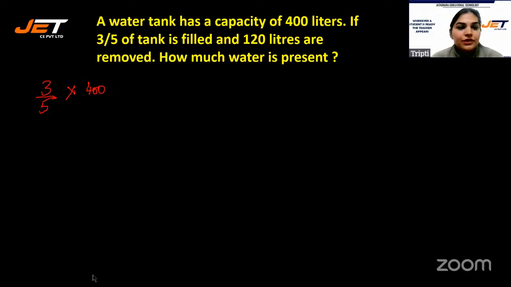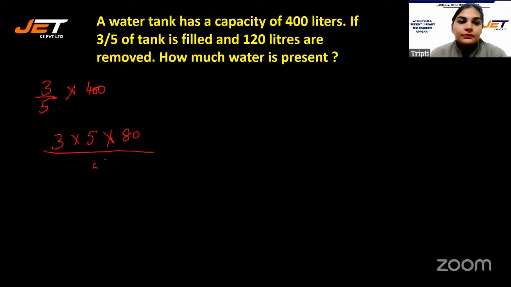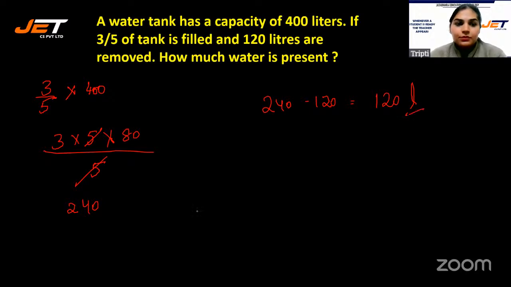So 3/5 of 400. A water tank has a capacity of 400 liters.